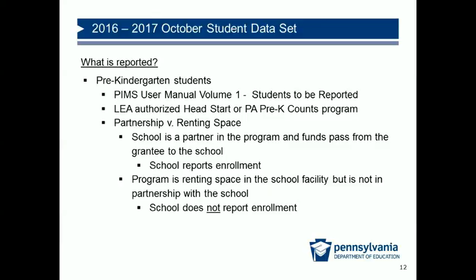If the school is a partner in the program and funds pass from the grantee to the school, then the school reports enrollments. If the program is renting space in the school facility, but is not in partnership with the school, then the school does not report enrollment. Note, PA Pre-K Counts membership and attendance should be excluded from the child accounting data in the student calendar fact template.